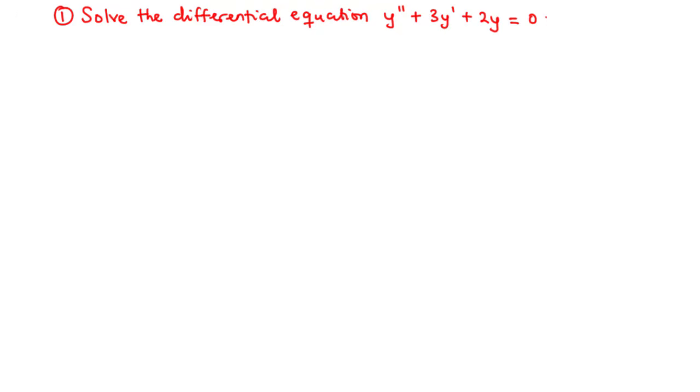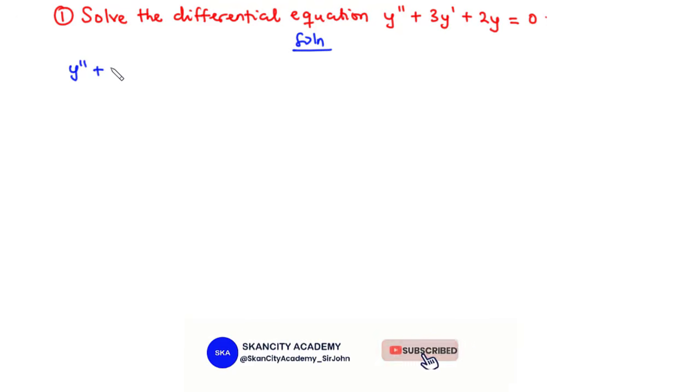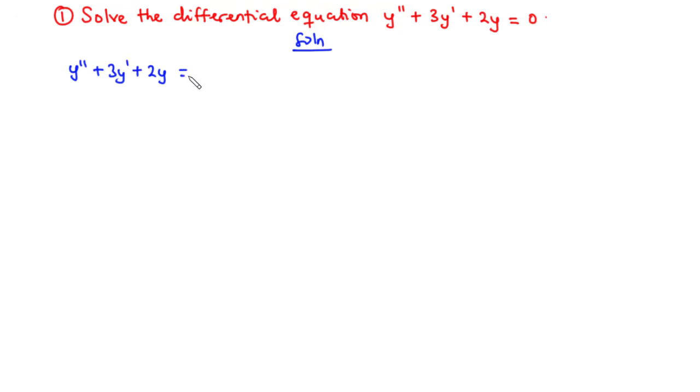So in this example, we are going to solve the differential equation y prime prime plus 3y prime plus 2y equals 0. So let's try to solve this together. Now to solve this differential equation, because we are dealing with a second order linear homogeneous differential equation where the coefficients are constants, we can derive the auxiliary equation straight away.